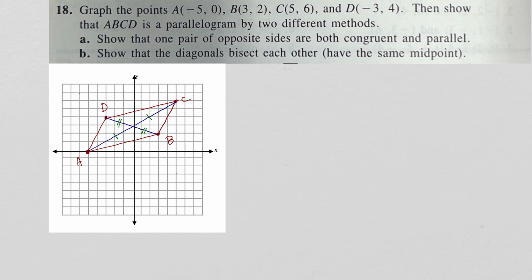All right. So the first thing we're going to do is find the midpoint of AC. The x value of the midpoint is the x values added up, negative 5 plus 5 over 2, which is 0.